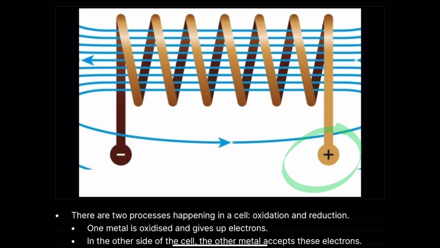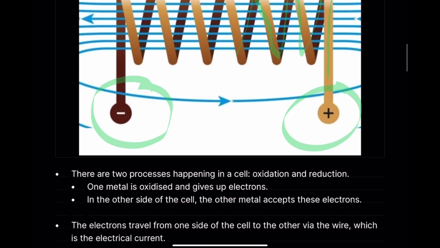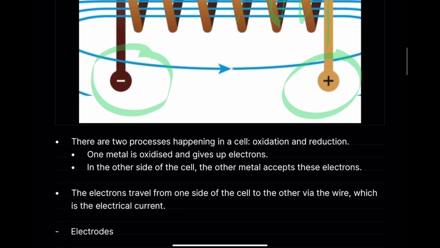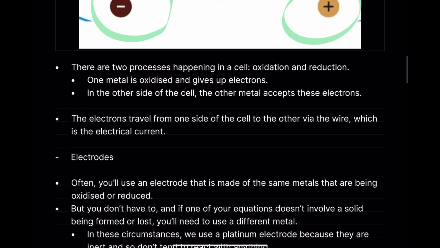That's not the exact technical term here, but all I'm trying to say is that one side of the metal is being oxidized and donates electrons, and then the electrons travel across this wire and get to the other side here, where they will be reduced, or accept electrons. The electrons travel from one side of the cell to the other via the wire, which is an electrical circuit.